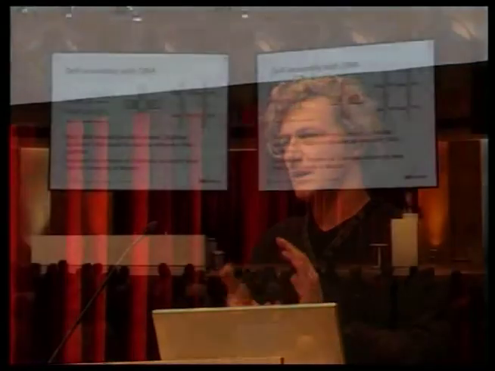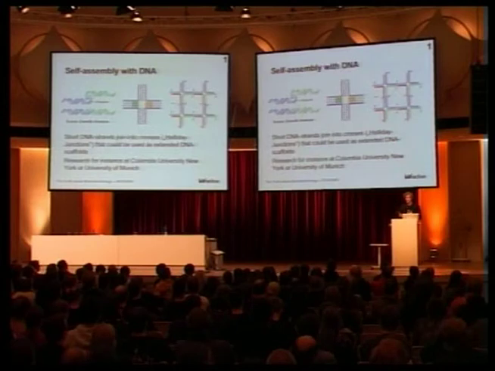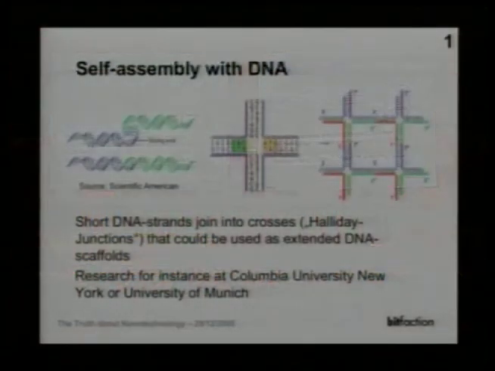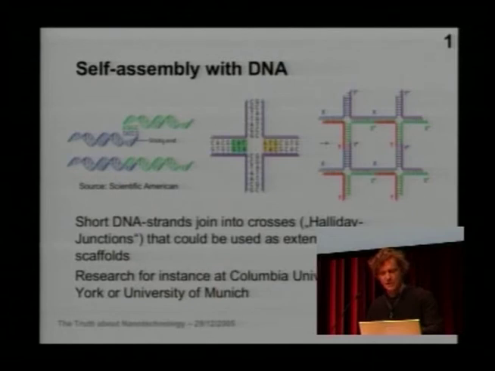But another interesting thing that you can do with this self-organization, where structures are just created by themselves, you don't really do much with that. You just heat it up a bit or give it some thermodynamic conditions, and then you will create a structure. What was done for the first time in the early 90s is that you can take small strands of DNA, which is in everybody's genome.